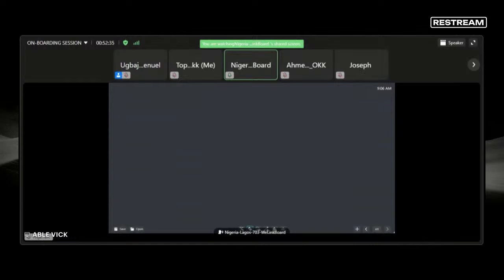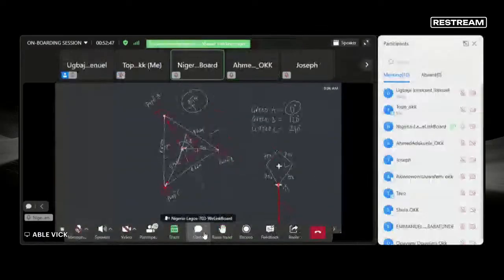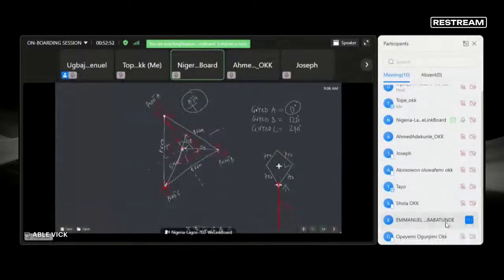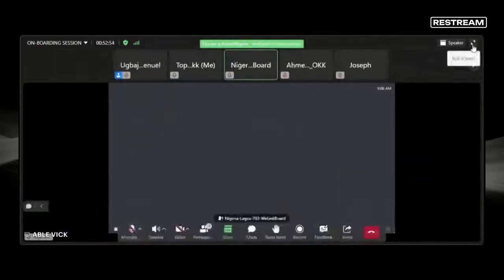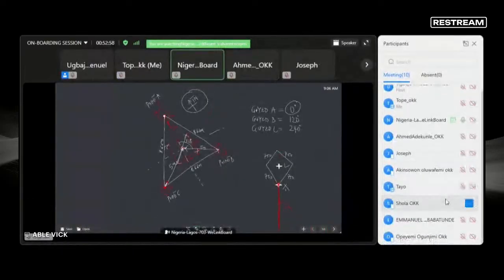So it's better you don't blind or excavate without your soil test. You understand it? You need to carry out your soil test before you do your excavation, or else you're on your own.